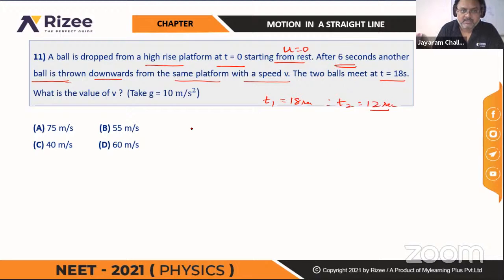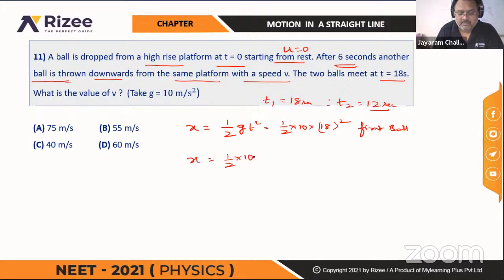So if I write the equation, let us say they are meeting at the point x. After traveling a displacement, initial velocity is 0, so it can be written as half g t square, which is equal to half into 10 into 18 square. Now, this is for the first ball. For the second ball, because they are meeting, displacement should be the same, but it has some initial velocity.